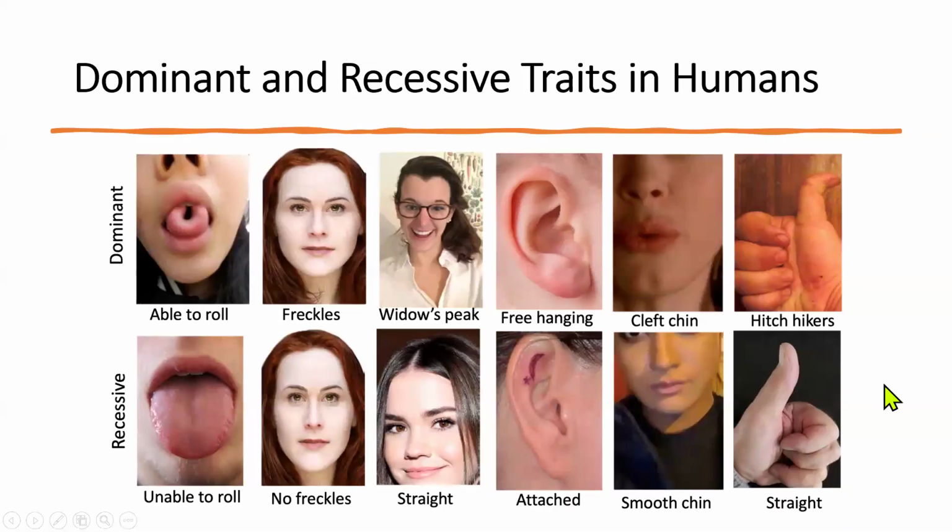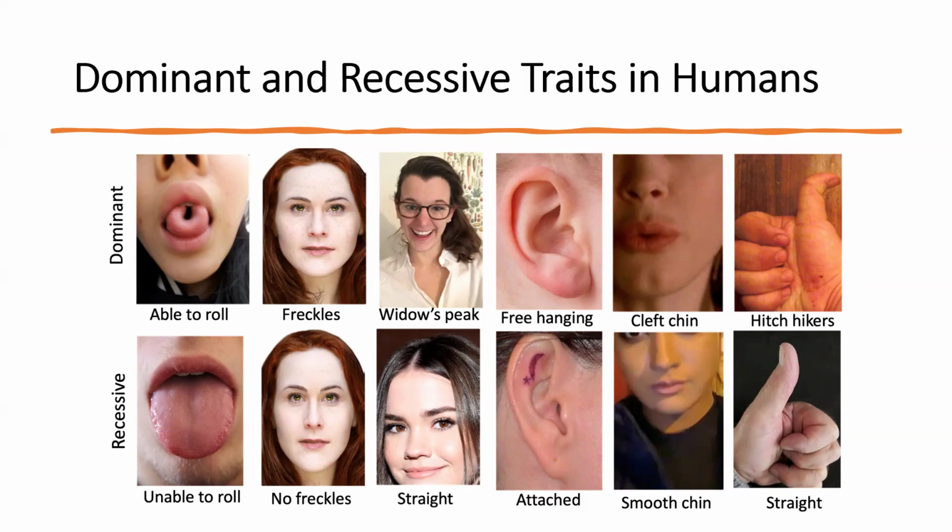Okay. So these are some traits that are dominant and recessive in humans. Okay. Who can roll their tongue? Me. Cool. I cannot. Right. So if you cannot roll your tongue and your spouse cannot roll their tongue, what's gonna happen to all your kids? Nobody can roll a tongue, right?